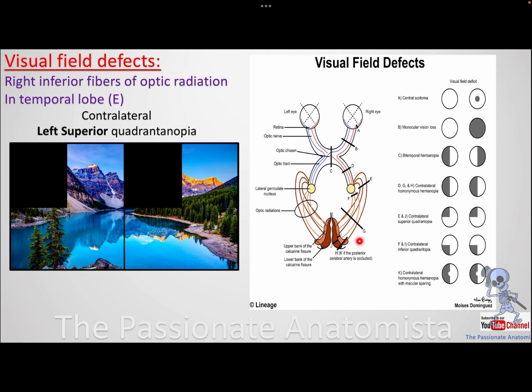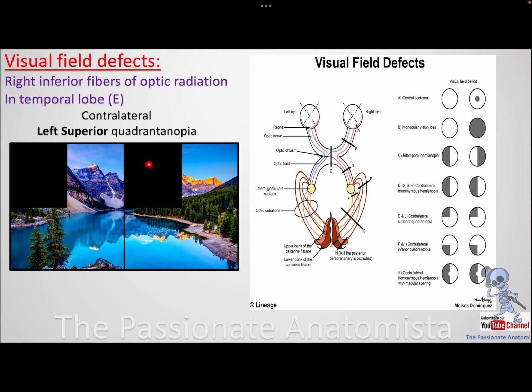Okay, so now we are talking about the loops. I have inferior optic radiation in the temporal loop. I have superior optic radiation in the parietal loop. If I have a problem in the inferior one, I will have a problem in the superior part of my visual field.